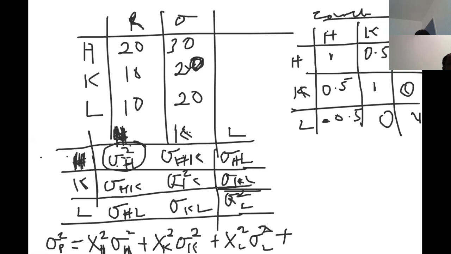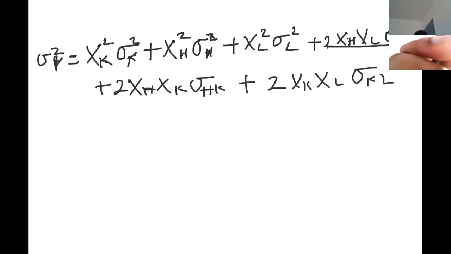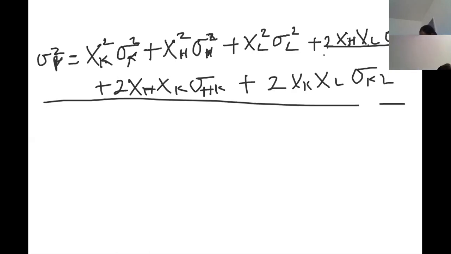So this and this gives you 2. That is also giving you the 2 times the covariance that appears twice, times X_H and X_K. But once you are able to write this one, I'm just trying to explain for you to understand how I was deriving these things. If you can derive this one, it's not very important. But the most important thing is being able to write this one. This is a variance for 3 cases, in the case that you have 3 different assets.